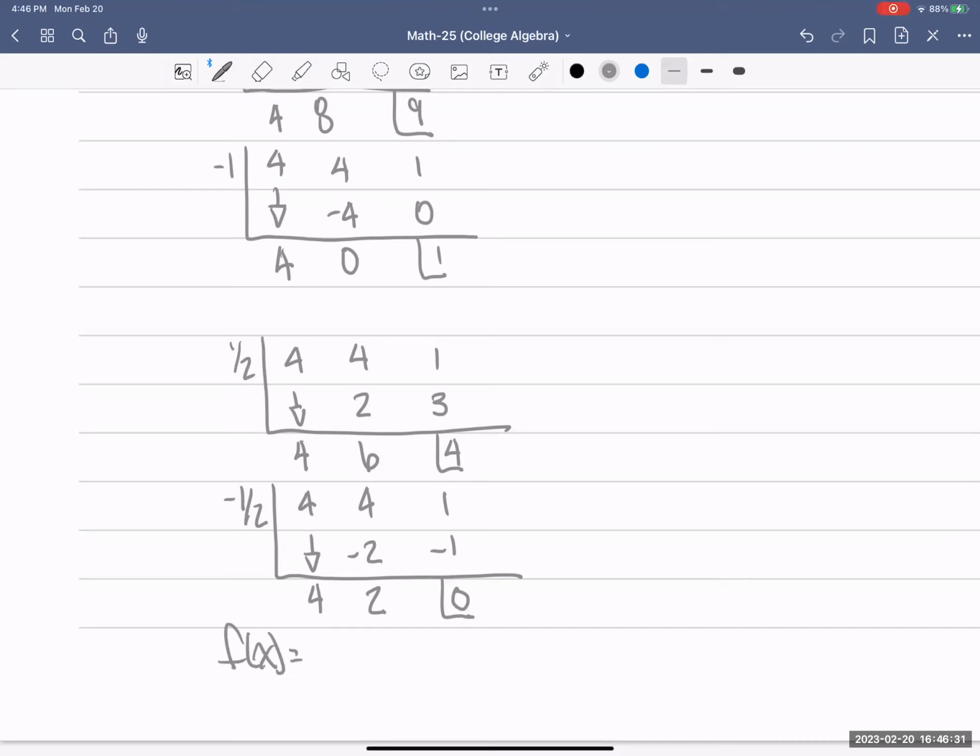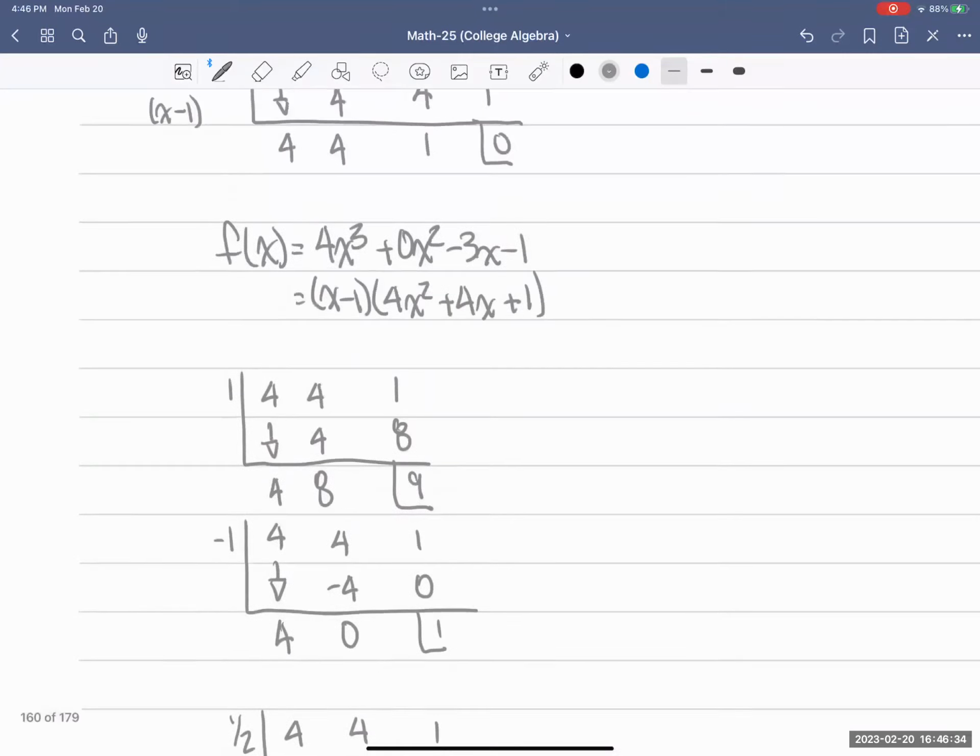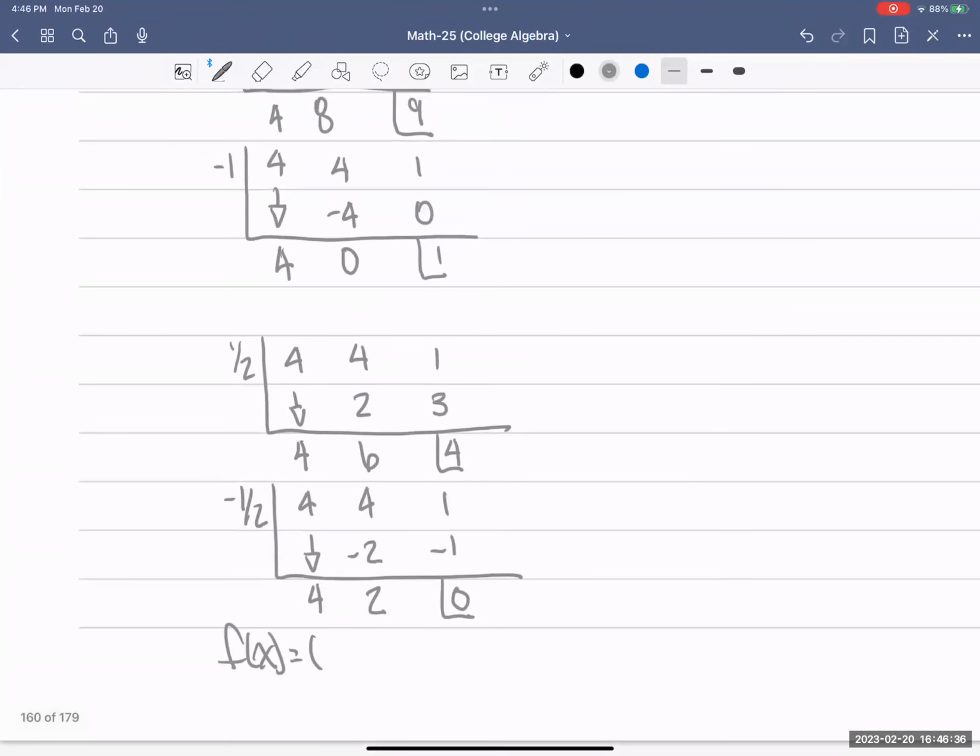So f of x is equal to, earlier we said x minus 1. Here we factored out negative 1/2, so we have x plus 1/2. And we're left with 4x plus 2. Technically, if we factor out a 4 from here, we end up with x plus 1 over 2.